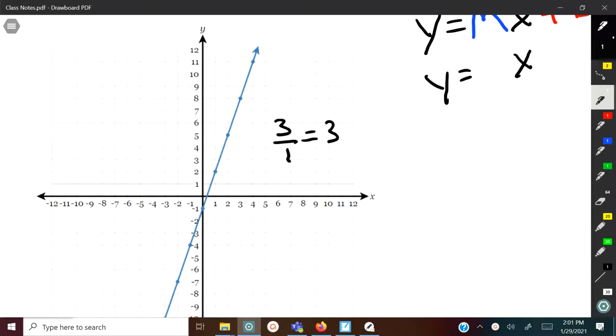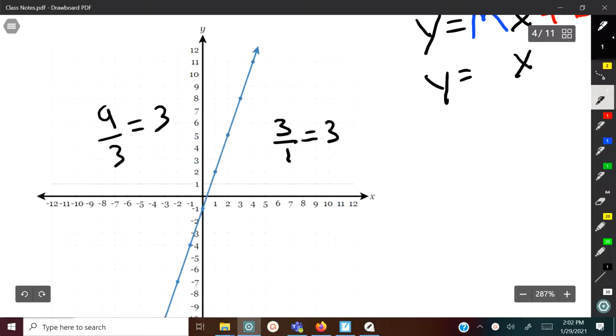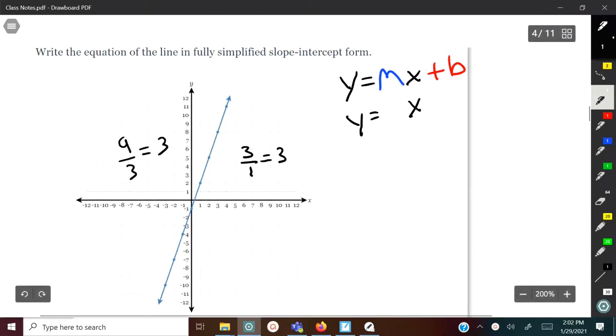Now, if we would have done a different one, let's say from here to here, we would have gone up 9 and over 3. And you can see that that reduces to 3 too. But if the fraction is difficult to work with, it makes more sense to use the smallest amount. That way you don't have a big fraction to simplify. But that takes care of the slope. The slope is 3.